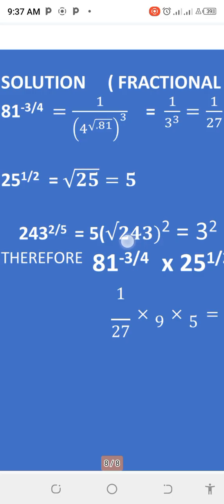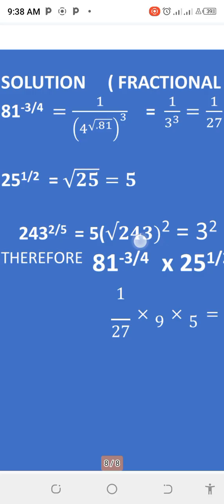What this question is asking you is, say there's a number that multiplies itself five times and gives you 243. What is that number? After much trial, we discover the number is what? 3.